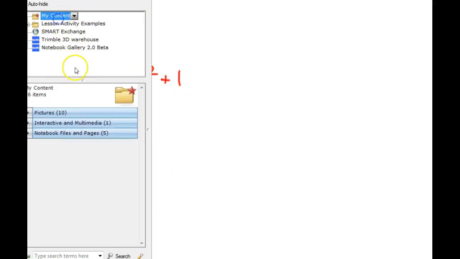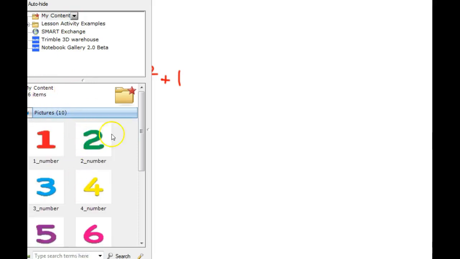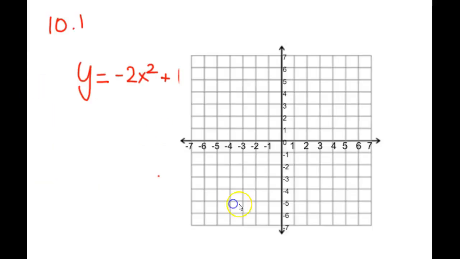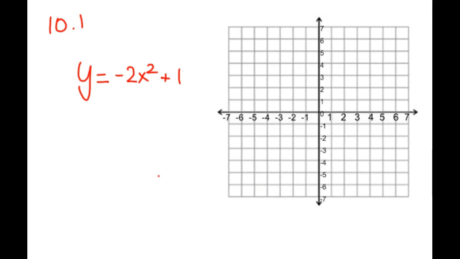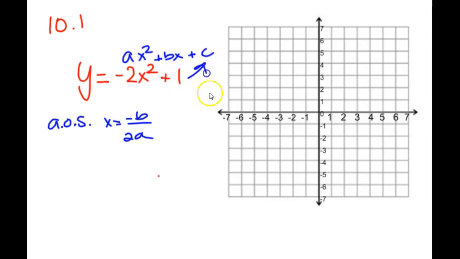So I'm going to throw a graph on here quick. Alright, here we go. So if we follow the same steps we did before and find our axis of symmetry, negative b over 2a, we need to be careful. We have ax squared and we have c. We don't have a b term, so this would be minus nothing.